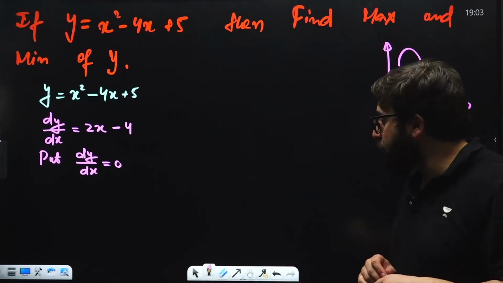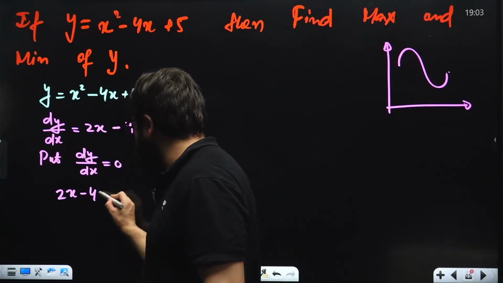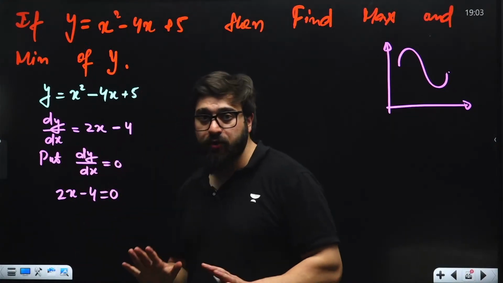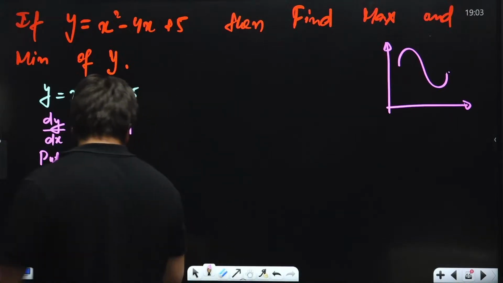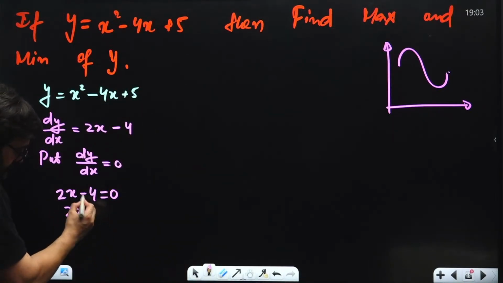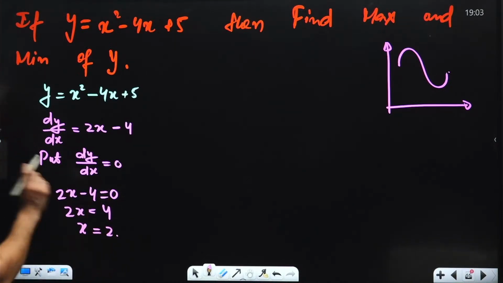So this will be 2x minus 4 is equal to 0. Listen to me very carefully. So 2x is equal to, taking this over here, plus 4. So x will come out to be 2.